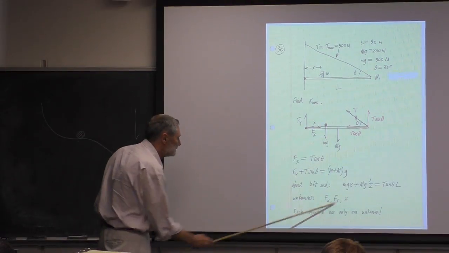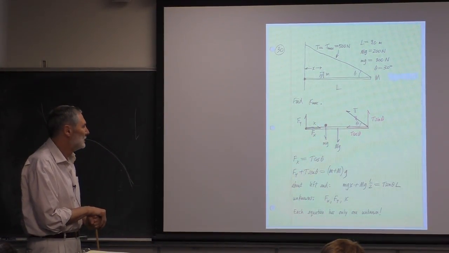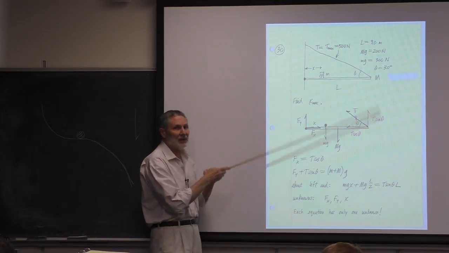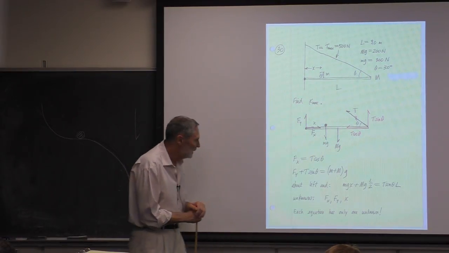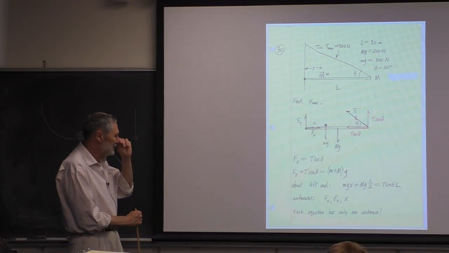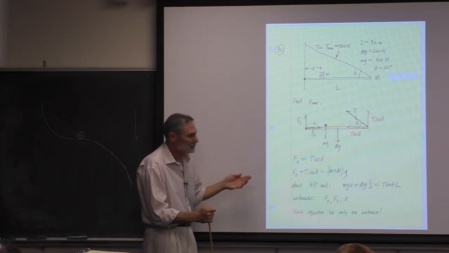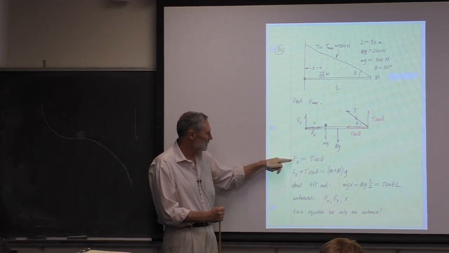So I get this. We have three equations, and how many unknowns do we have? Right, because we're specifying T to be at its maximum value, and we're trying to find x. So x is one unknown, and we don't know Fx and Fy. One of the interesting things about this problem, which hardly ever happens, is that this is one equation in how many unknowns?